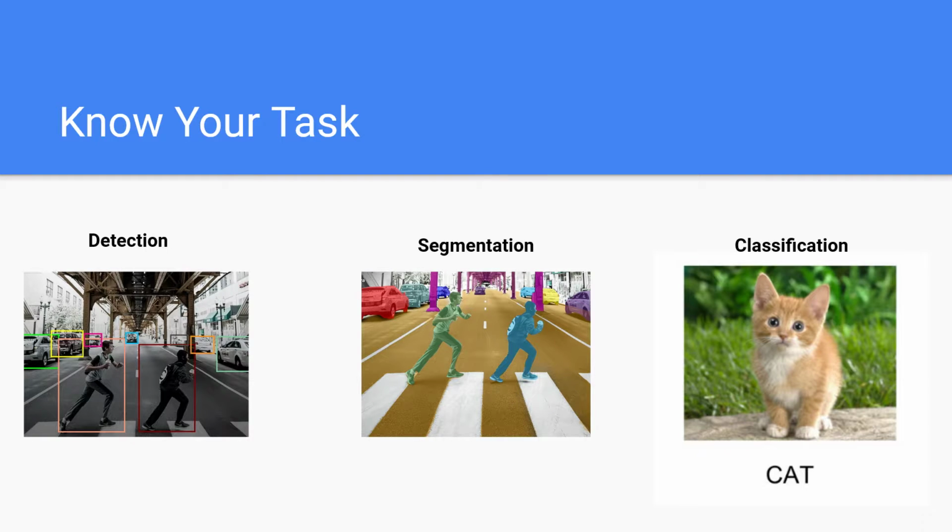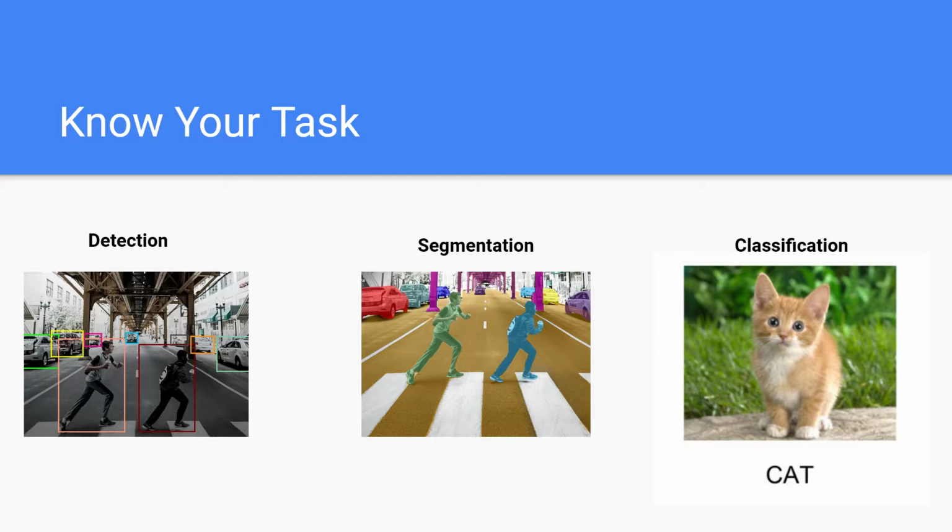So when you're starting out with computer vision, you need to understand what the task you're trying to solve is. These are broadly the three simplest and arguably most common computer vision tasks. On the left, we have object detection, which identifies the locations of different objects within an image and then often also tries to classify and tell you what they are.